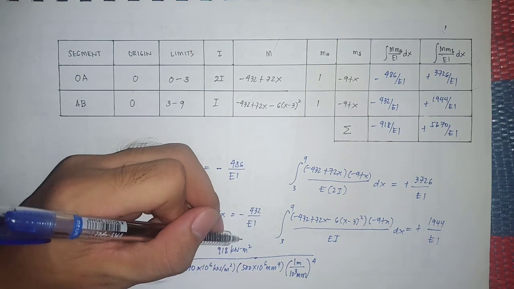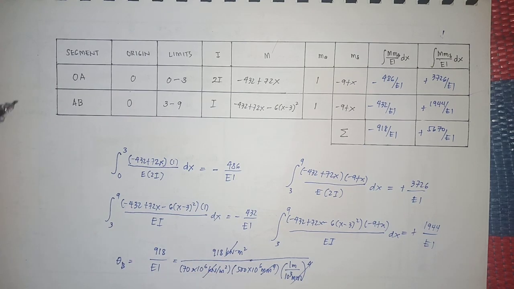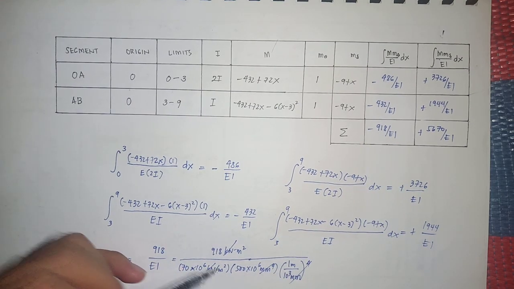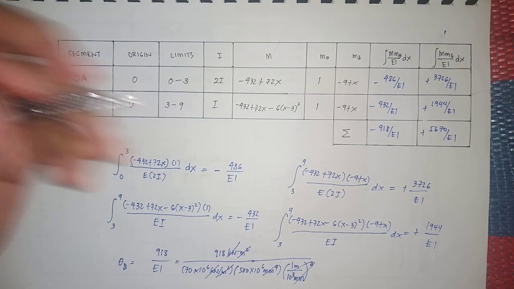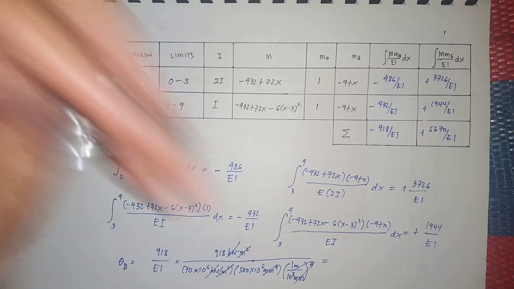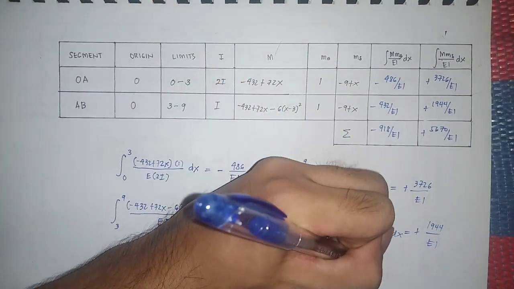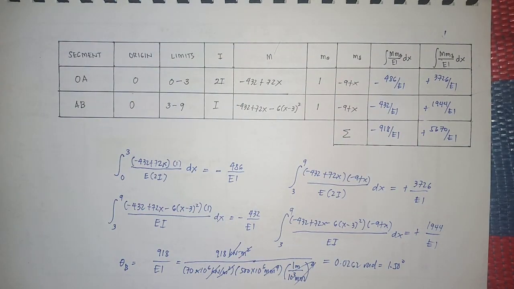So cancel yung kilonewtons, cancel yung mm raised to 4, may m raised to 4 dito. Meter raised to 4 divided by meter square, so magka-cancel nga siya rito. So, get the numerical value. Ang unit nito ay radians. So kuha lang tayo ng calculator, and this is equal to 0.0262 radians, or equal to 1.5 degrees kapag multiply mo ng 180 over pi.